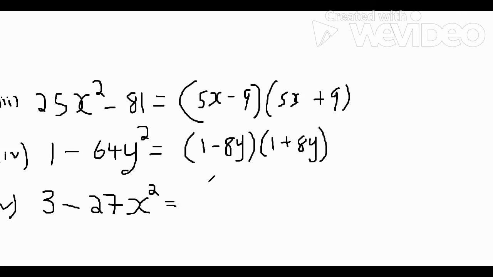Miss, go again, please. I was saying 1 minus 3x. All right, open bracket first: open bracket 1 minus 3x, close bracket, and open bracket 1 plus 3x.